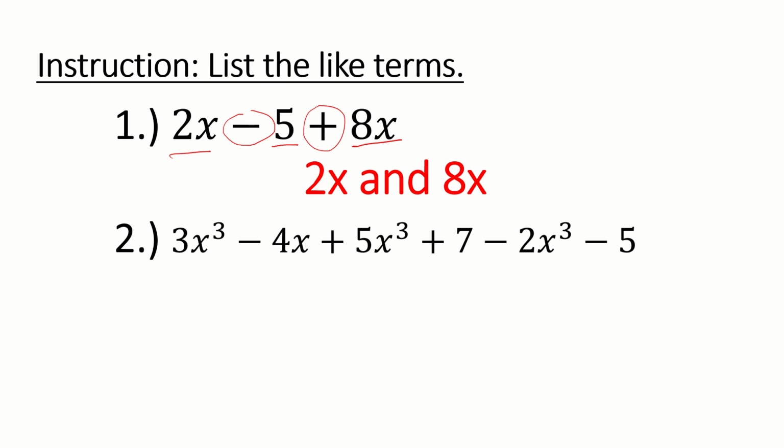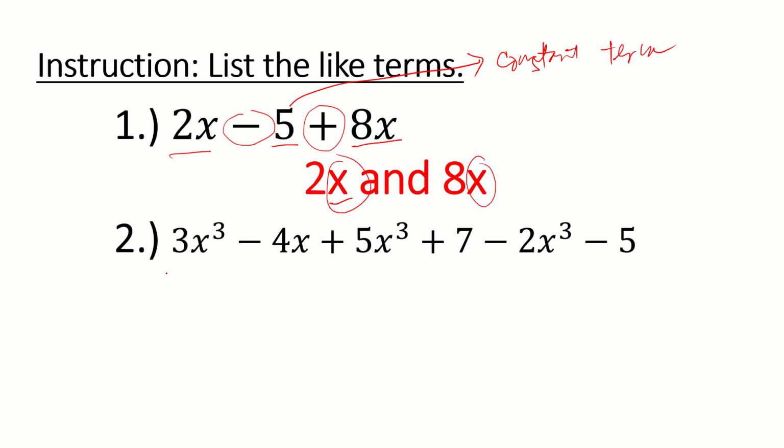The 5 here, or negative 5, is not a term which is like the others, because in the first place negative 5 doesn't have a variable at all. In other words, it's a constant term. And here they share the same literal coefficient, which is x.